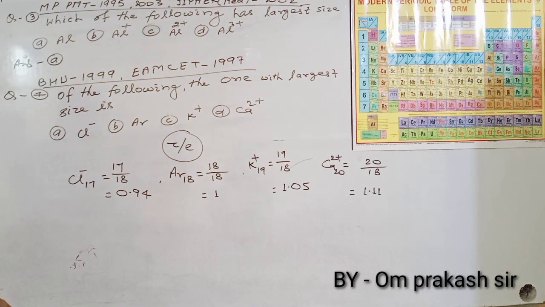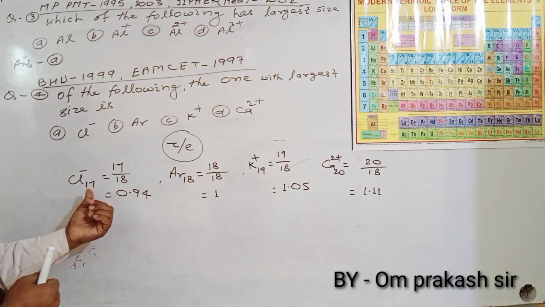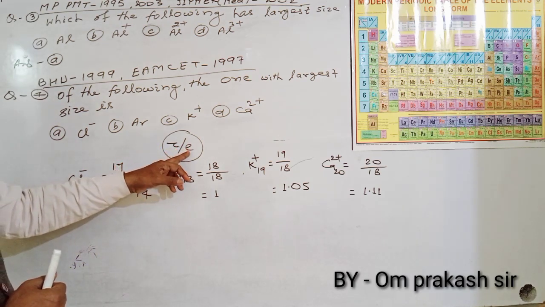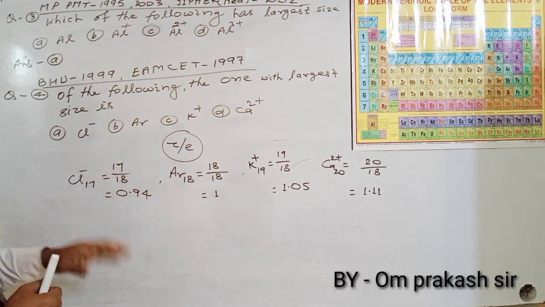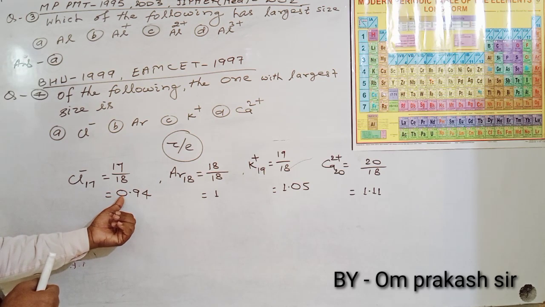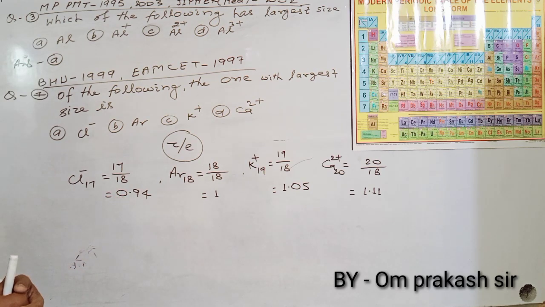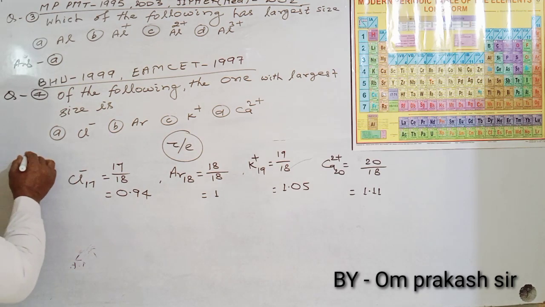We see that the value of Z upon E is very small in the option, 0.94. Therefore, the size of chloride ion is biggest or largest in the option. Therefore, option A is correct.